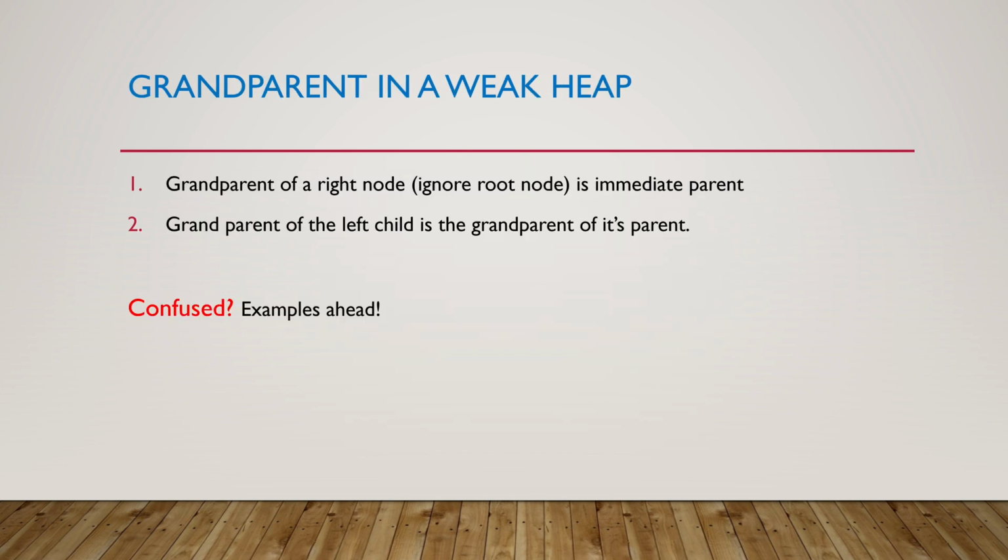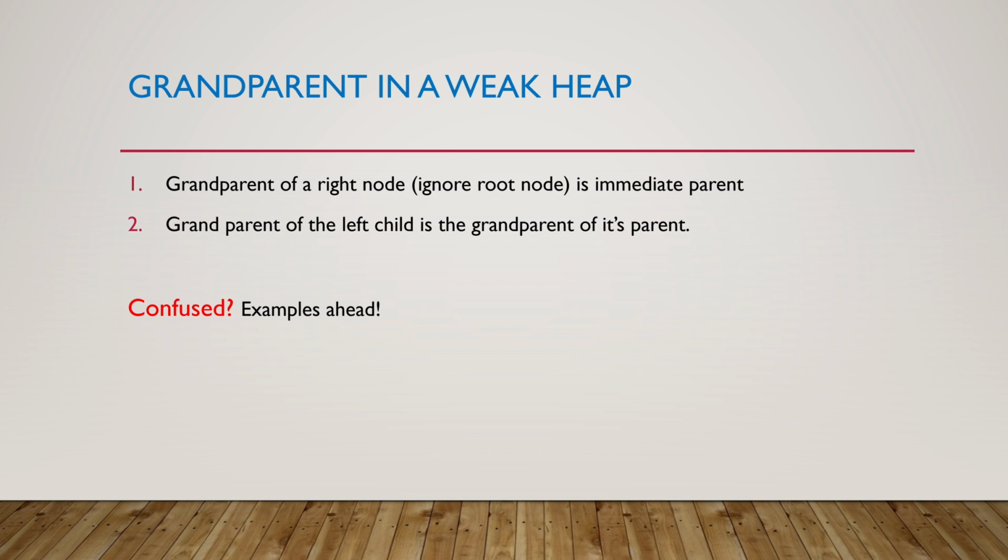In weak heaps, there is a very important concept of a grandparent. The logic for the grandparent for a right node and for a left node is a bit different. So we'll see. Grandparent of a right node is immediate parent. That's pretty straightforward for the right node.